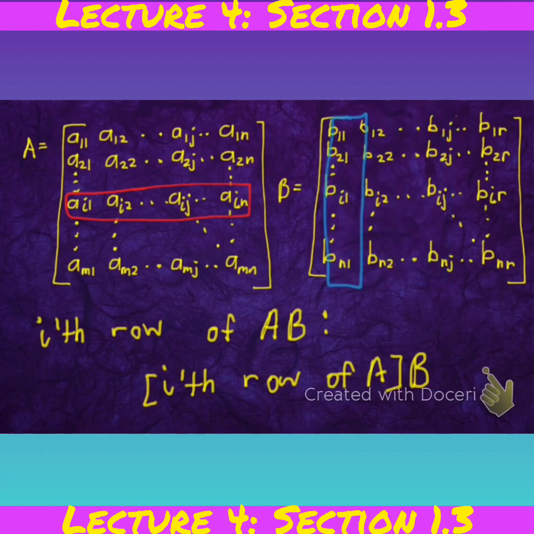So how do we get the first entry of my ith row of A times B? You take the ith row of A and you dot it with the first column of B. That's the first entry. Then you move on to your second entry.